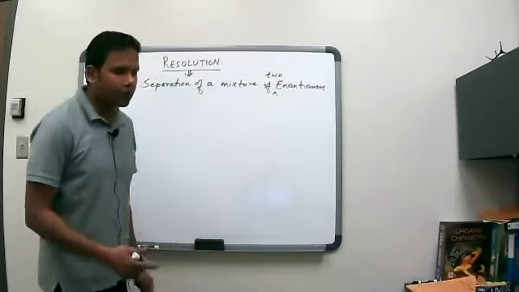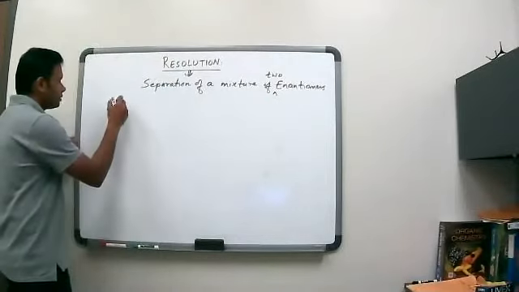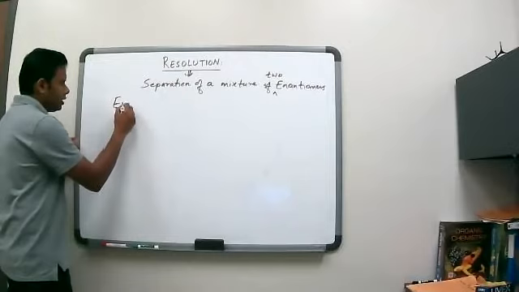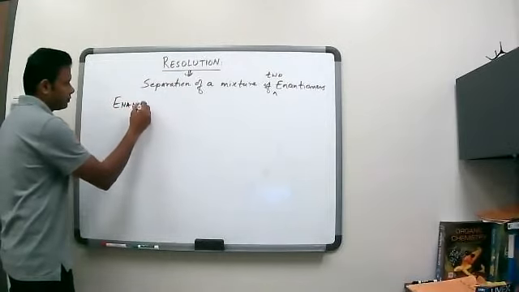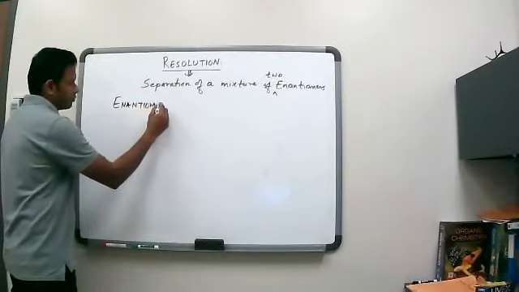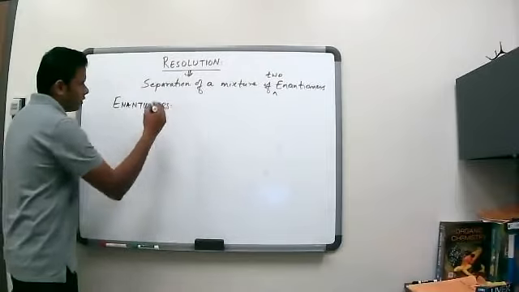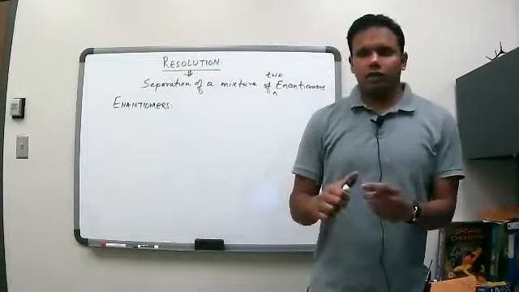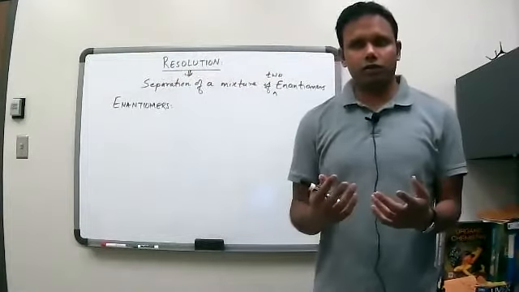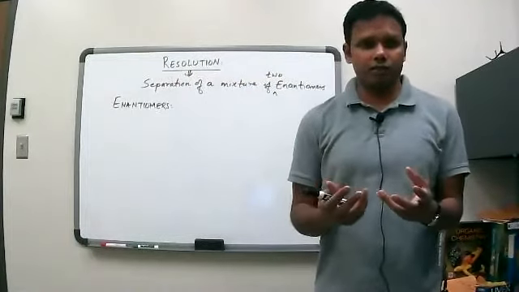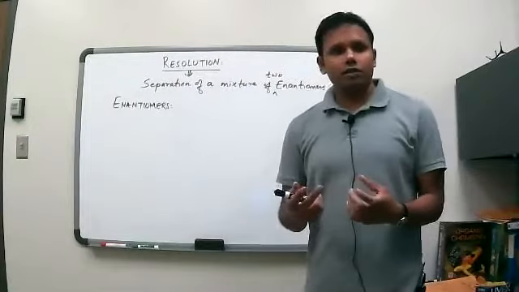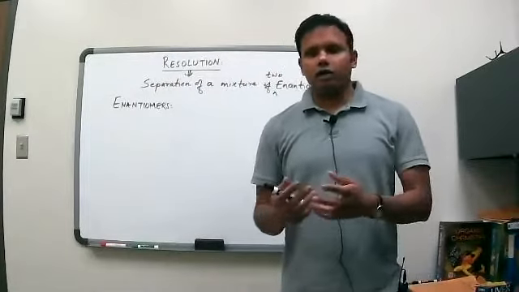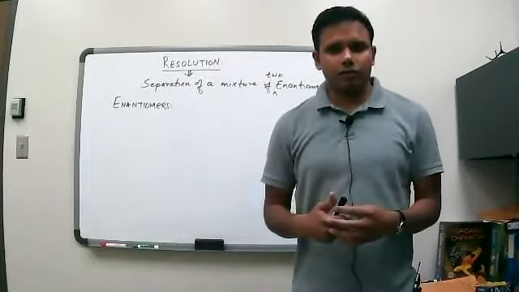Now, why is this important? Okay, the problem is enantiomers. Recall what these are. Enantiomers are two molecules, stereoisomers specifically, which are related to each other as non-superimposable mirror images, right?